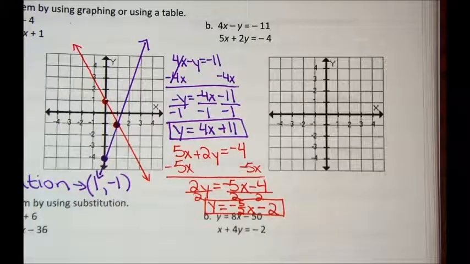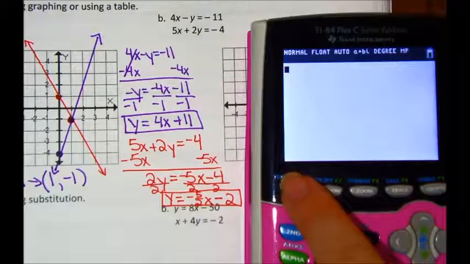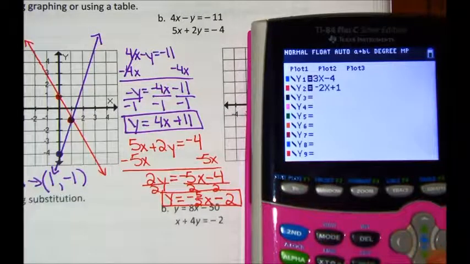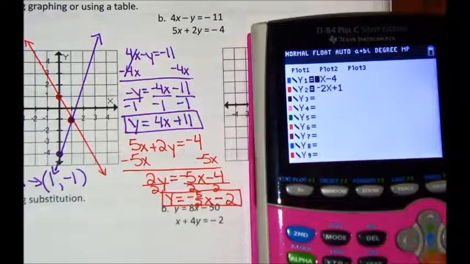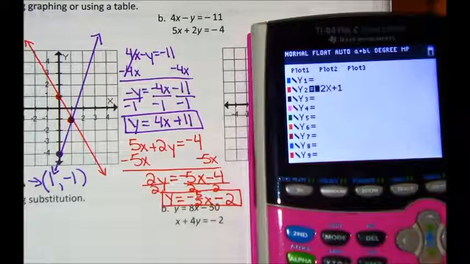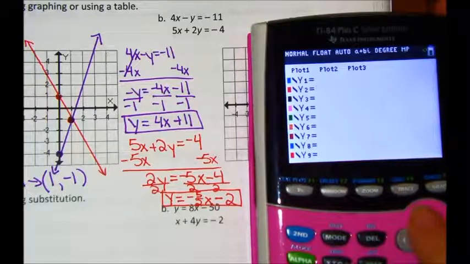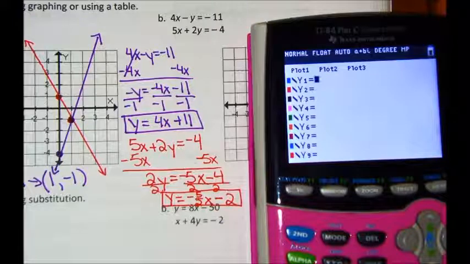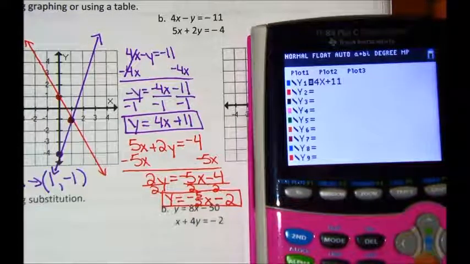I can now put both of my equations into y equals. Press y equals, clear out anything that's there, and type your equations into y1 and y2. Remember, we put fractions and parentheses when we enter them in the calculator.